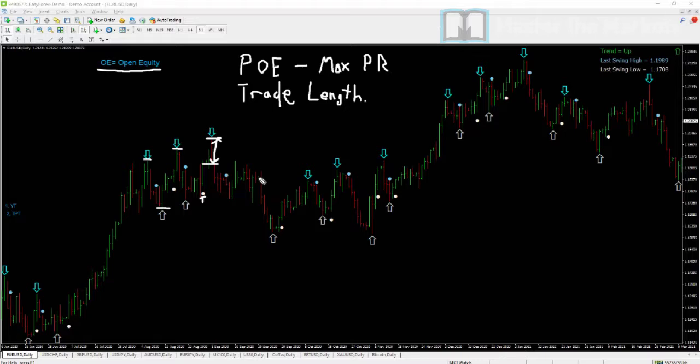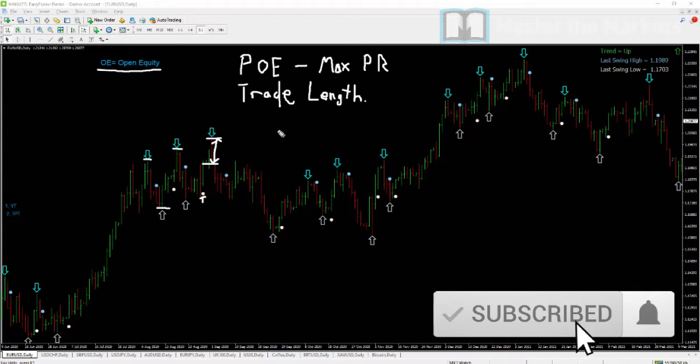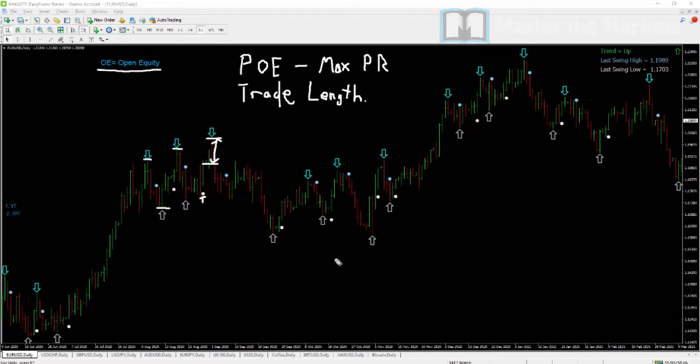So what is it? Point of entry to the maximum point reached. Why are we doing it? Because we want to make sure that we take some of the longer trades that form in the markets. And how do we measure them? We measure them from point of entry to the maximum point reached.